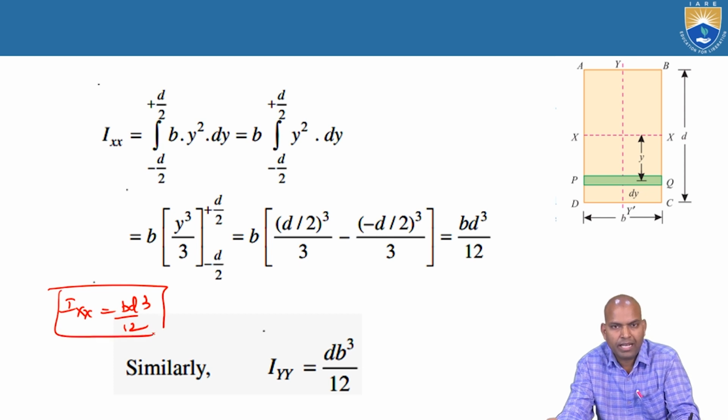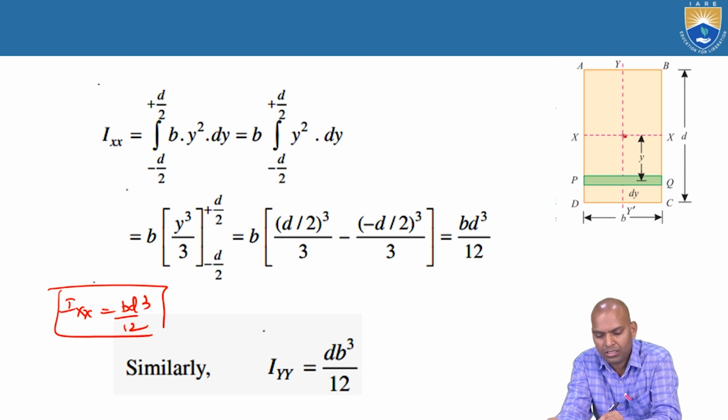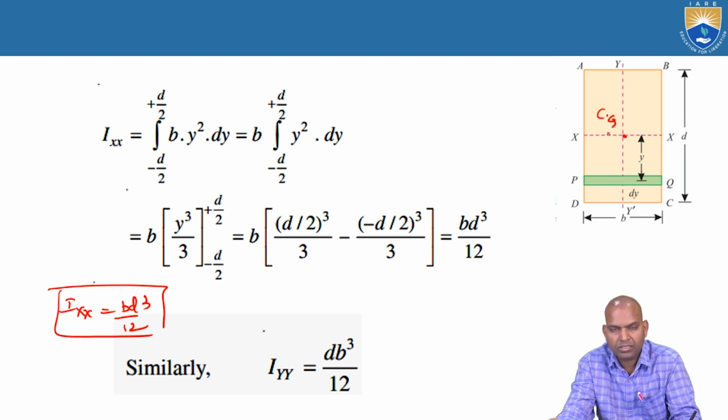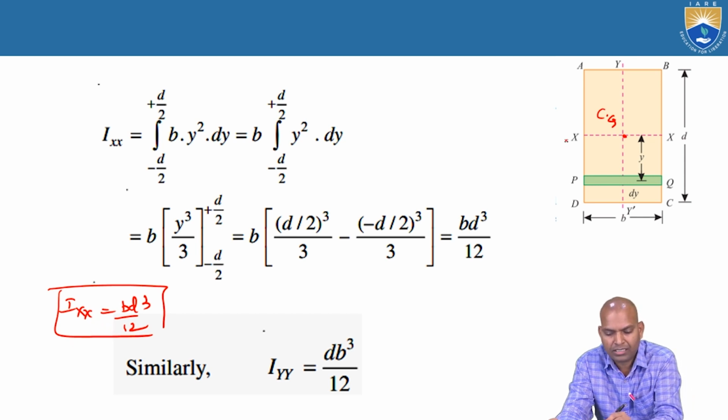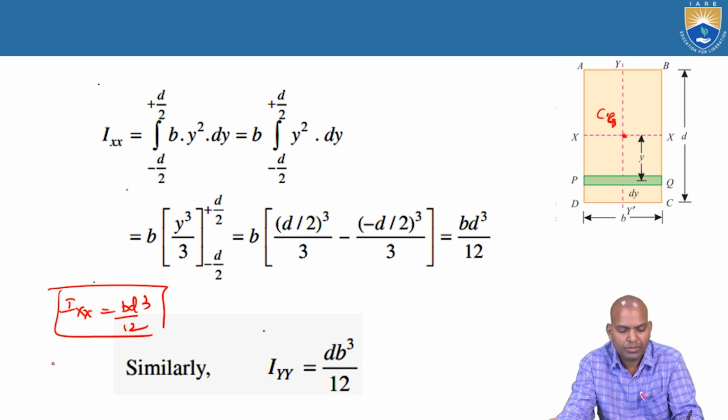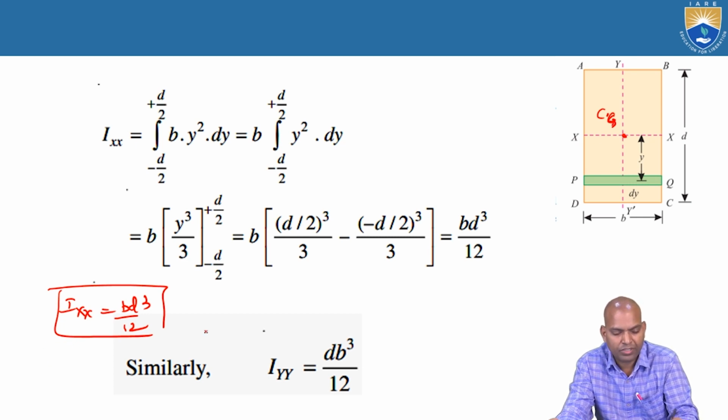Here, the axes xx and yy are passing through the CG, the centroid or center of gravity of the section. So in that case, Ixx is b d cube by 12, and what about Iyy about the vertical axis? That is d b cube by 12.